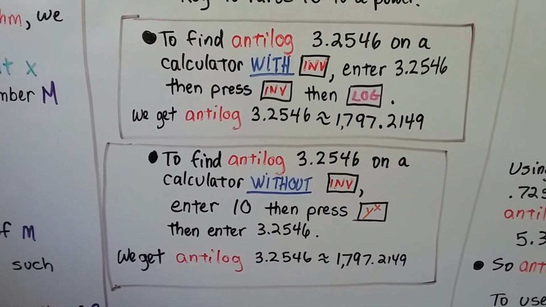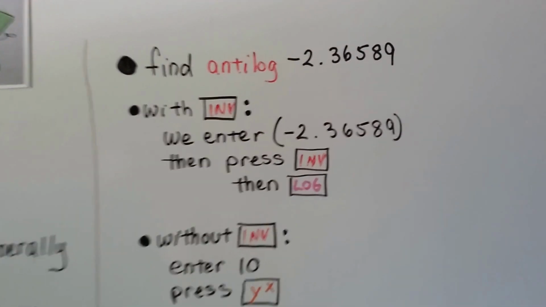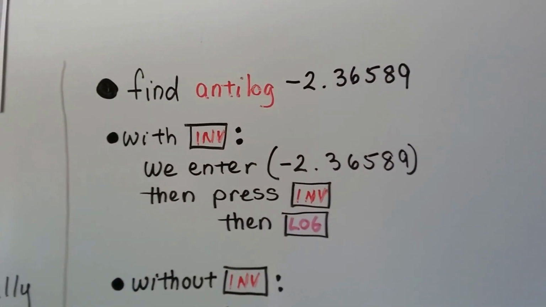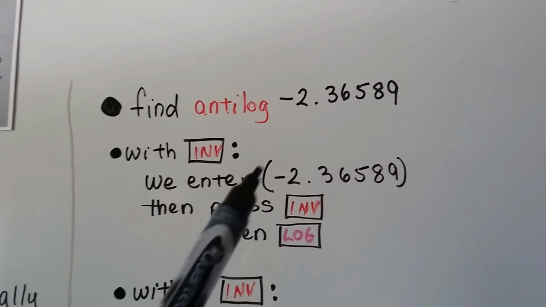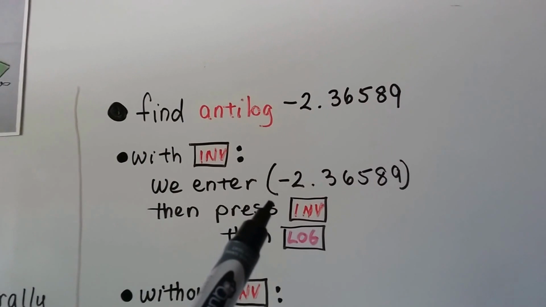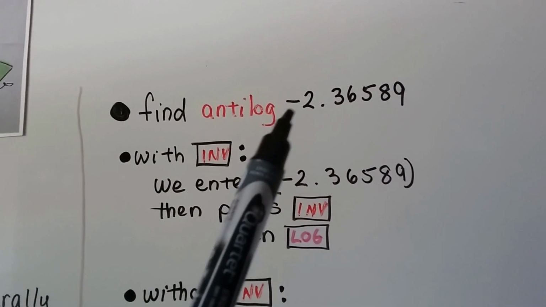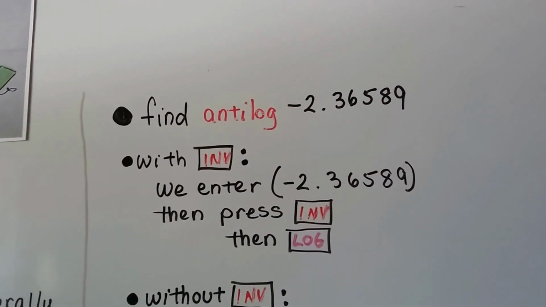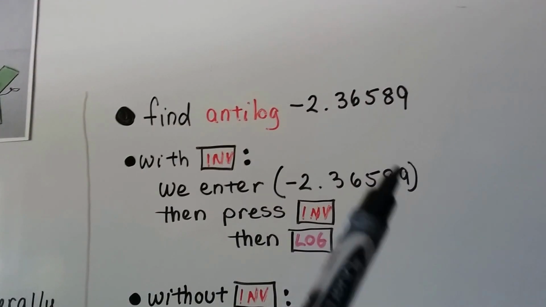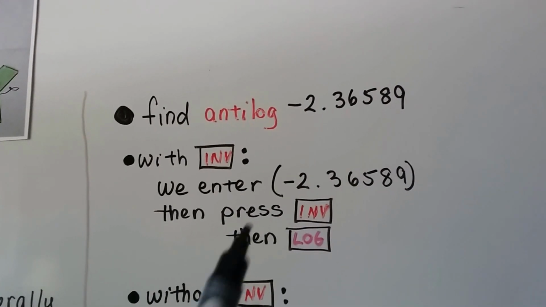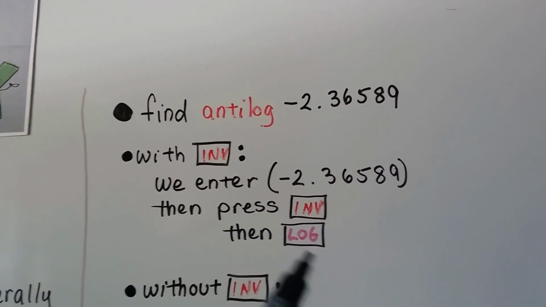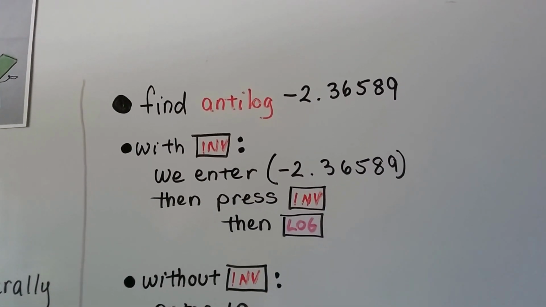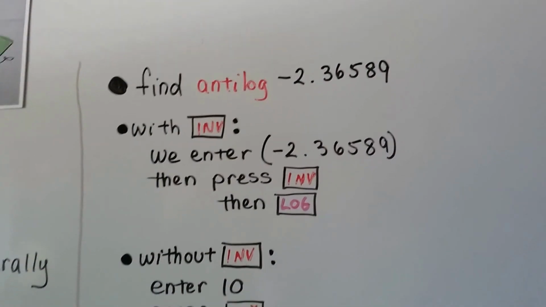All right. So if we want to find the antilog of negative 2.36589 with the inverse key, you might have to put an open parenthesis first, because your calculator may not let you put a negative and then a 2. It may want you to have parentheses around the negative number. So you can put a parenthesis, negative 2.36589, close parenthesis, press INV, press log, and you'll get your answer.